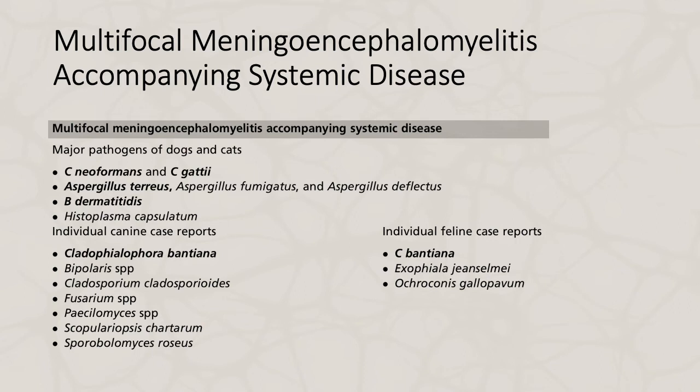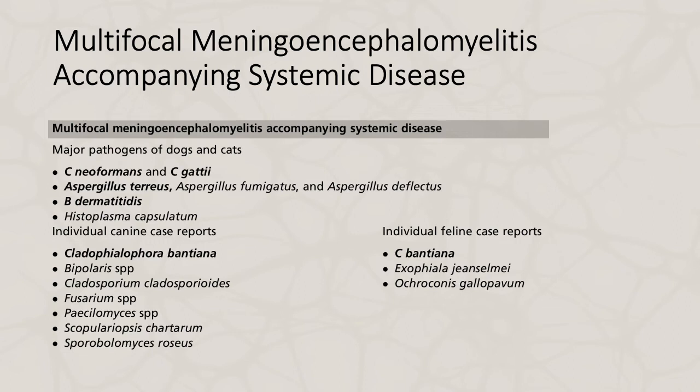Canine aspergillosis cases may involve a combination of azotemia, osteomyelitis, lymphadenopathy, and meningoencephalitis. Aspergillus terreus is most common, and rarely is there a nasal mass involving the brain, and that will be discussed later.